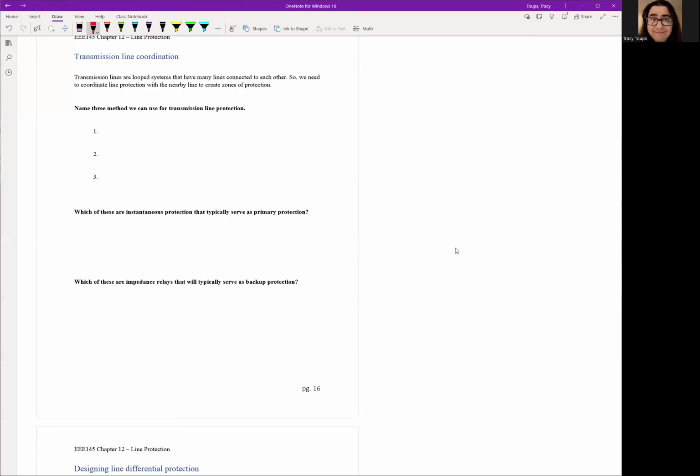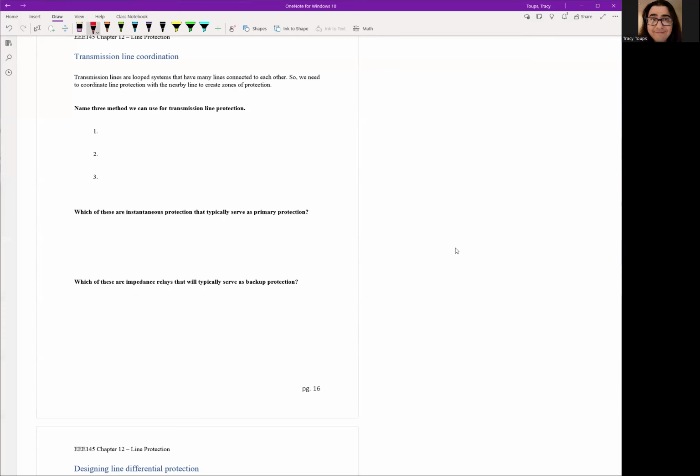Okay, so here, let's talk about transmission line coordination. Remember, transmission lines are loop systems that have many lines connected. So think of it as a giant mesh grid, or think of it like a spider web where lots of lines all come together in different nodes.